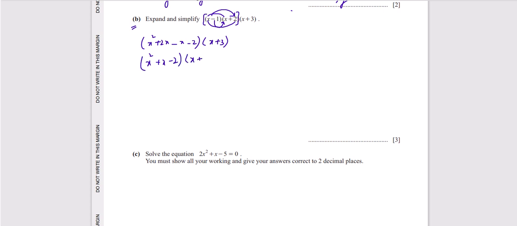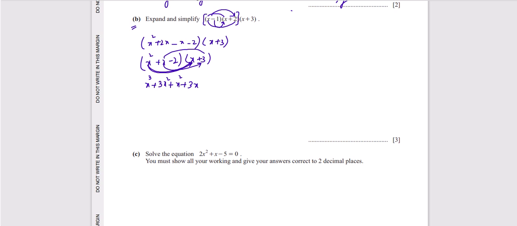Now multiply by x plus 3. x squared multiplied by x is equal to x cubed, and x squared multiplied by 3 is equal to 3x squared. x multiplied by x is equal to plus x squared, and x multiplied by 3 is equal to 3x.